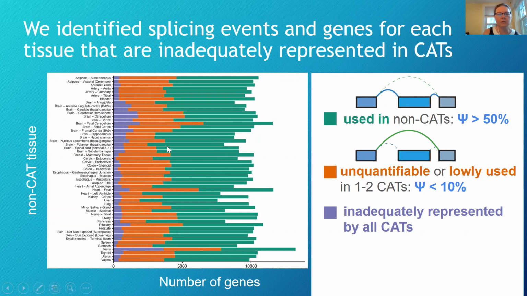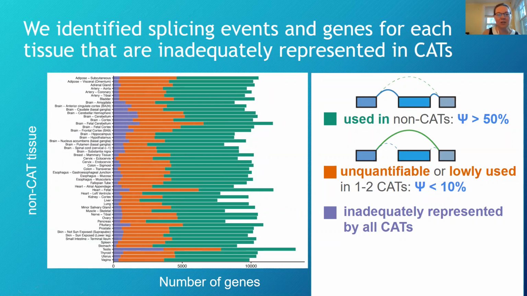I'm going to get into some of the quantifications on the next slide, but you can see here that there is a little bump where we see more tissues that are inadequately represented by any of the accessible tissues.